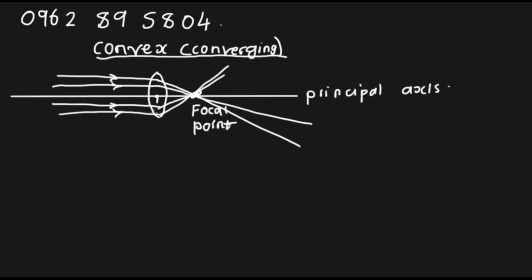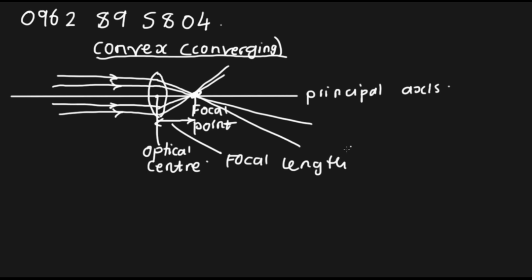Then we have another point where the principal axis is meeting with the lens. This is what we call the optical center. Another terminology that we need to know is the name given to the distance between the optical center and the focal point. This is known as the focal length.